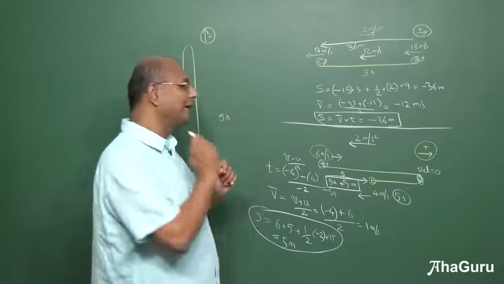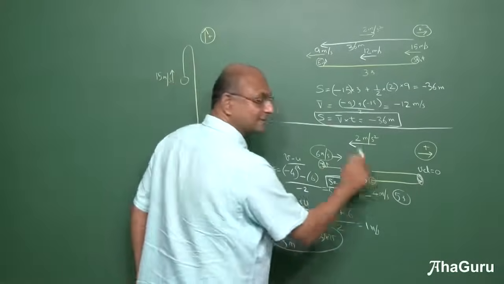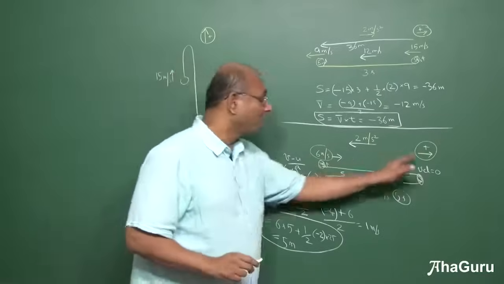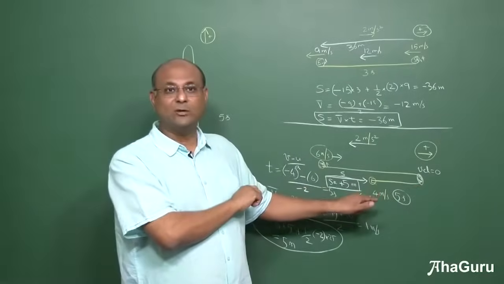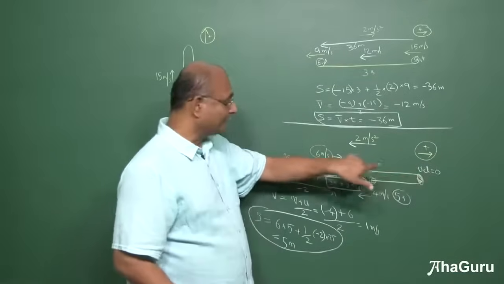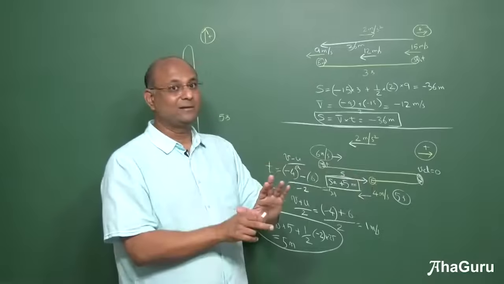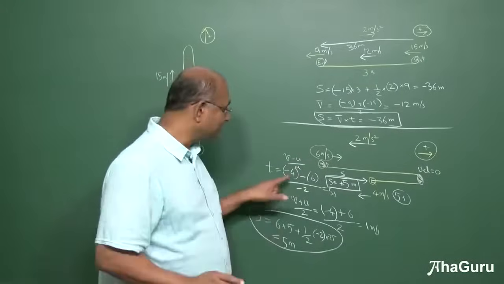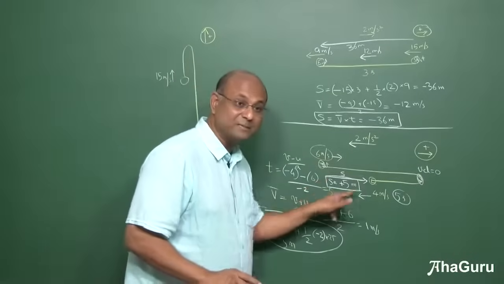What we did not get is this distance. How will you calculate the distance? Suppose somebody says, what was the distance traveled by the object? You will have to calculate this distance, then you have to calculate this distance, and then you have to add. Which is easier? Is displacement easier or distance easier? One shot we will be getting the answer for displacement.